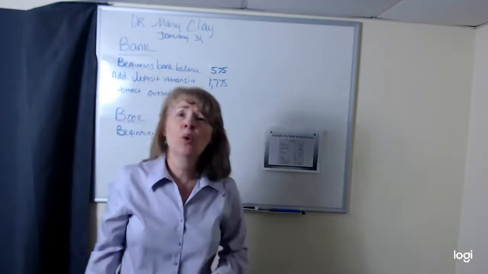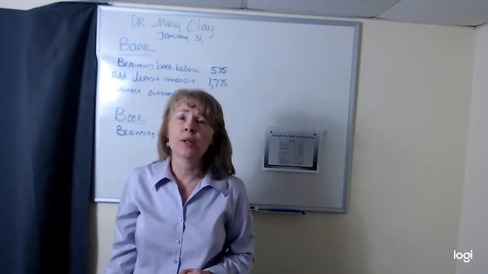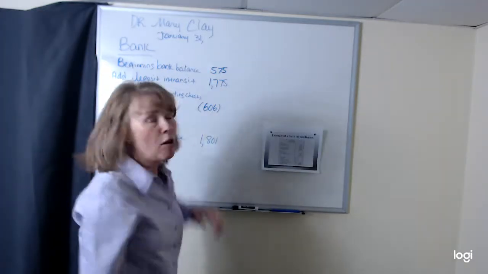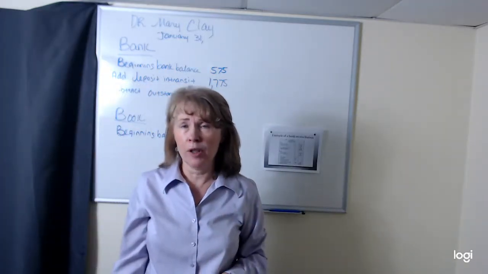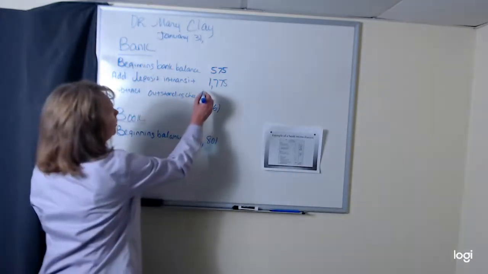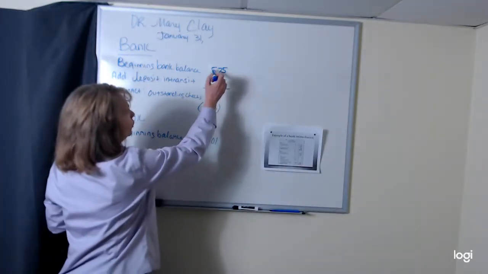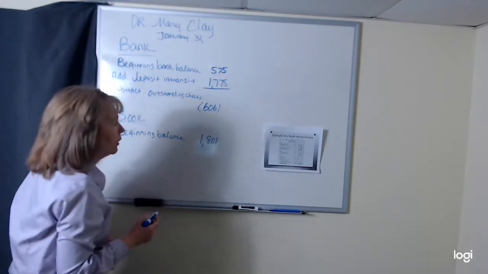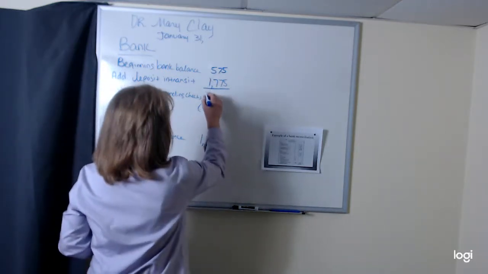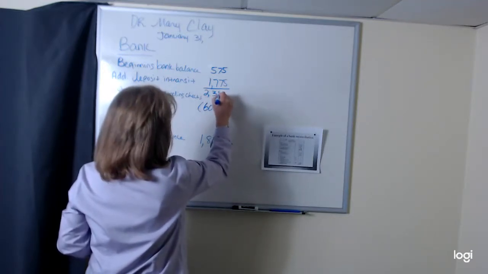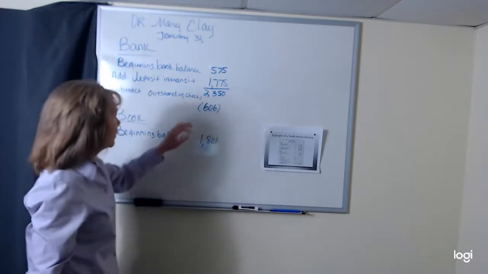When you work in the lab, it will also make you do a subtotal. So what you'll do is you'll add the 575 plus the 1,775, and that will equal 2,350. Okay, and that's a positive number.